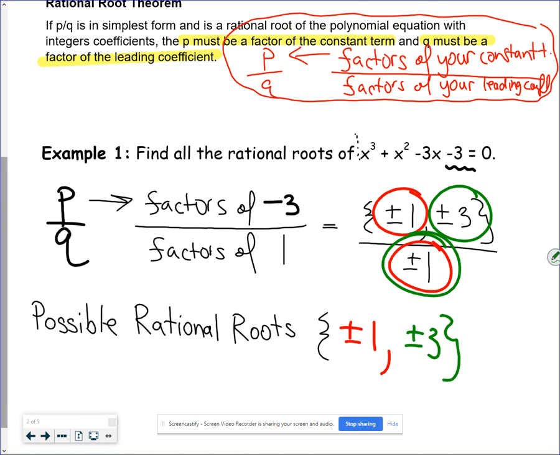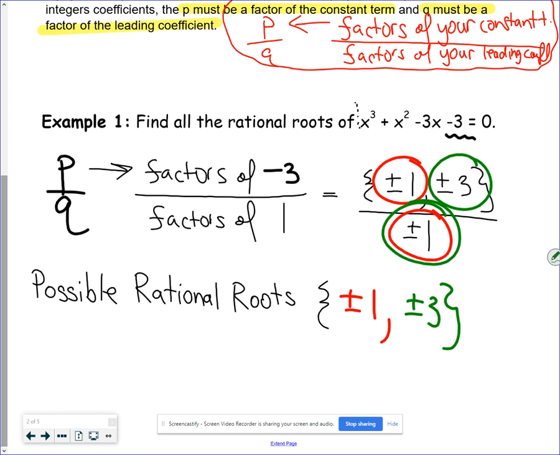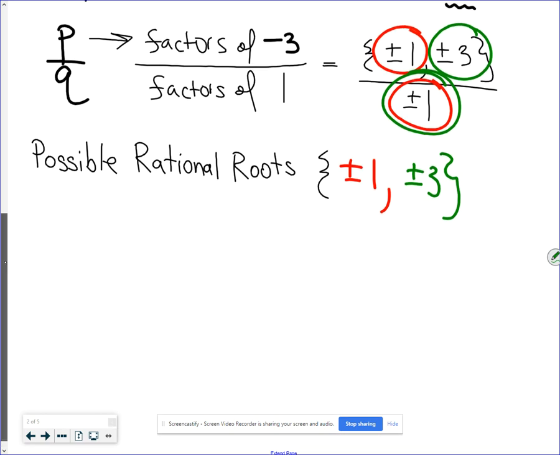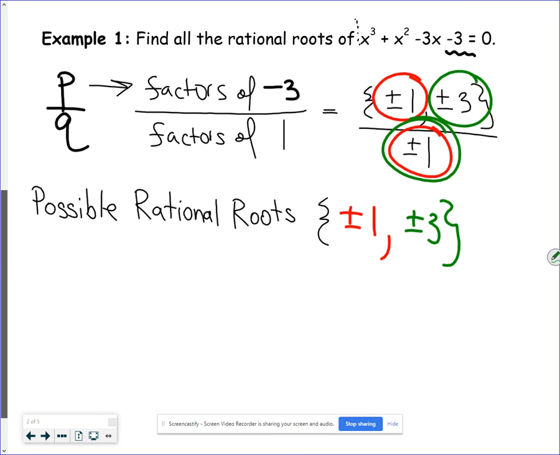Now I want to know which one works. It says find all the rational roots. What did I do? I just generated a list of possible rational roots. I want to find them all. To find them all, I want to use synthetic division. So I'm going to test each one of these.